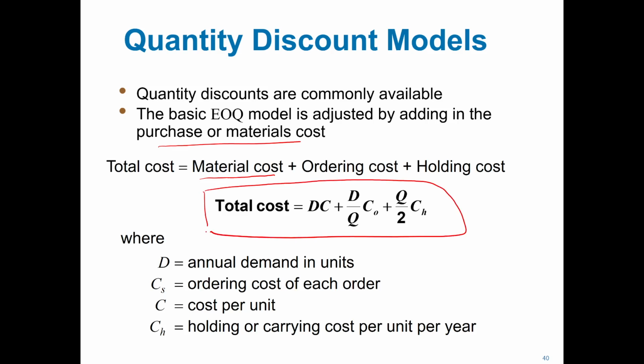So total cost is now D into C, where D is the annual demand multiplied by C, the purchase price or the cost of the item, plus D over Q into C naught, which is the ordering cost, plus the holding cost, and this first term is the cost of the material. So total cost is all these three costs.